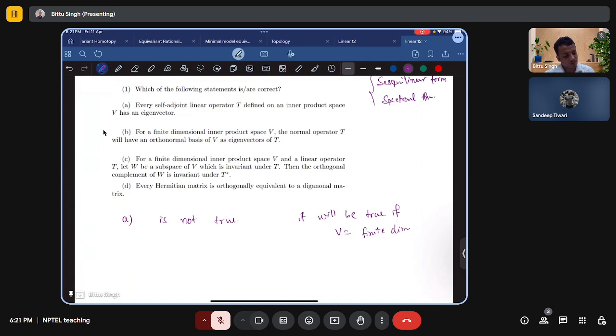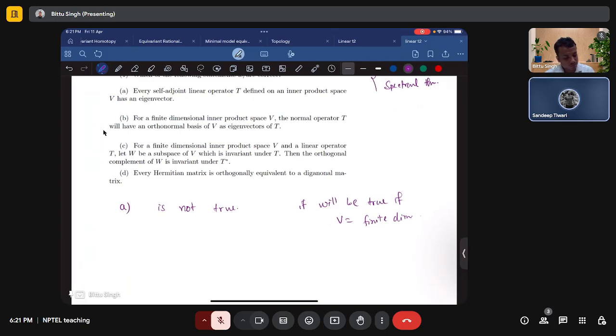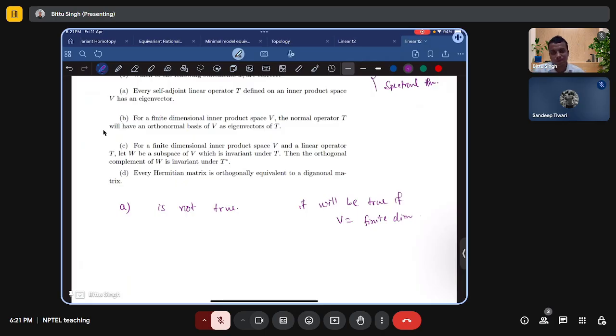So the right shift operator, I have already given that example. The right shift operator has no eigenvalue. So let me write this. Counter example.